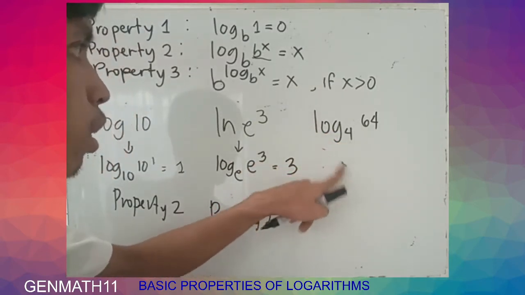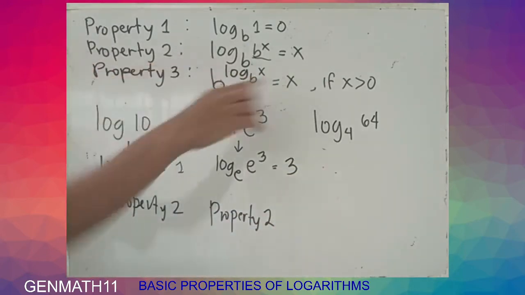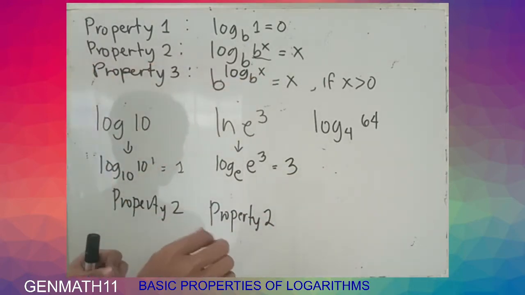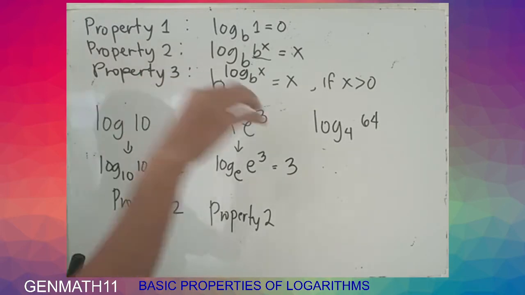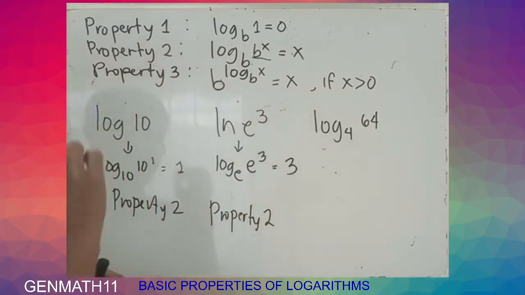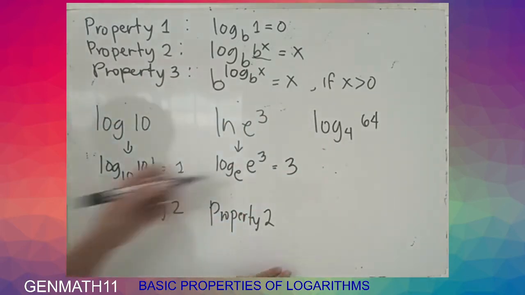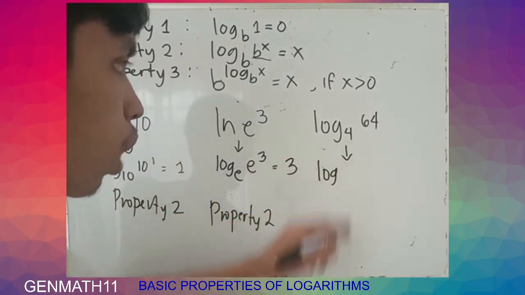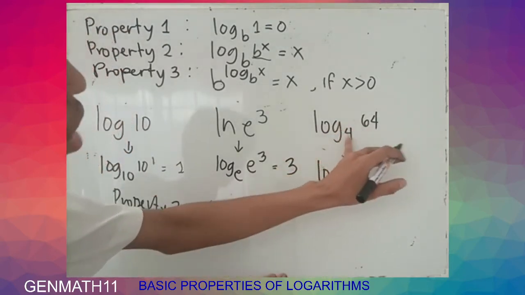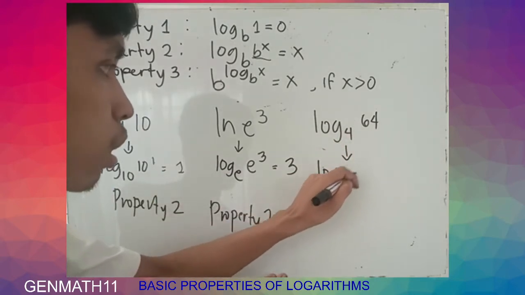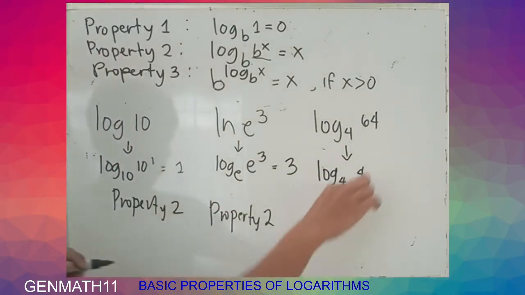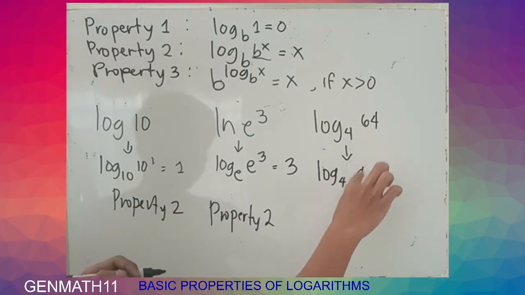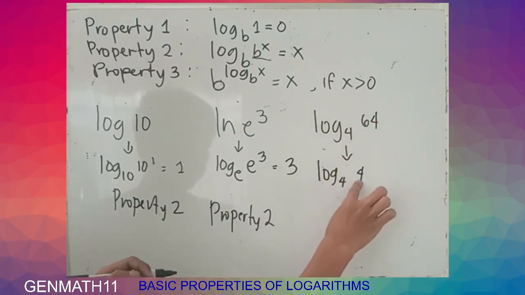So log 64 to the base of 4. Paano natin malalaman kung anong property siya? Try natin. Translate natin ito into log. Pagparehasin natin siyang 4. What will be the equivalent of the exponent kapag ang base natin is 4?